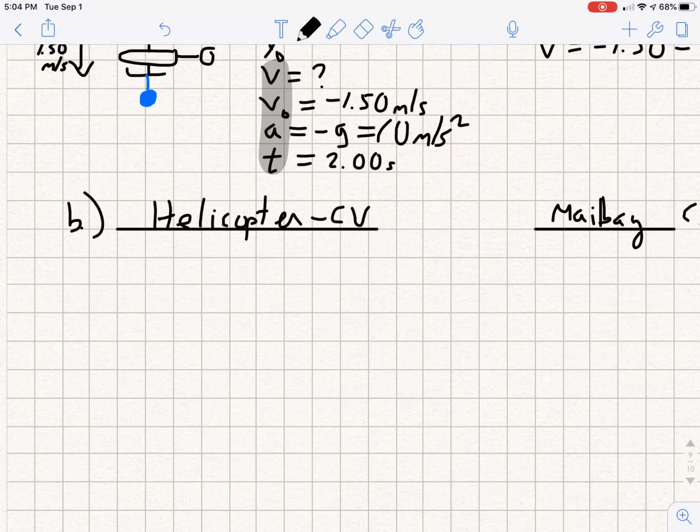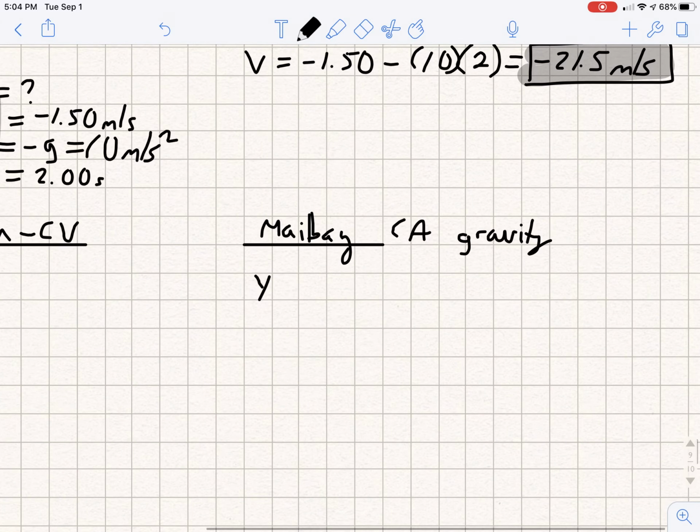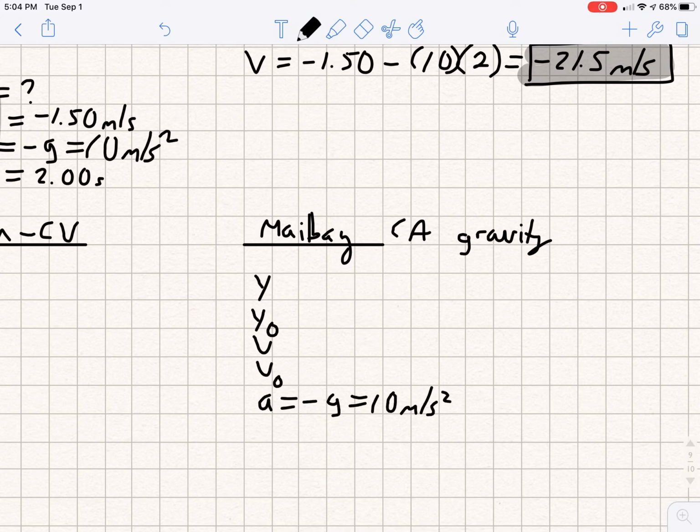In the case of the helicopter, it's going to be y, v, and t instead of x, v, and t. And for the mailbag, it's going to be y, y naught, v, v naught, a is equal to a negative g, or 10 meters per second squared, and t.